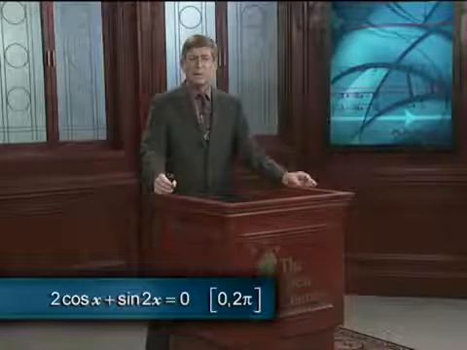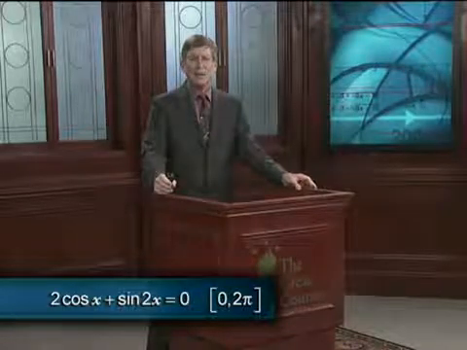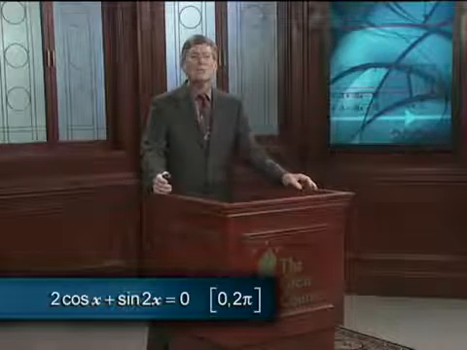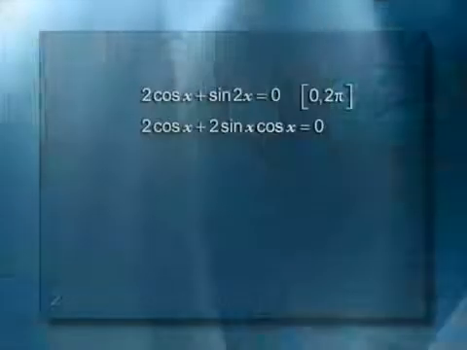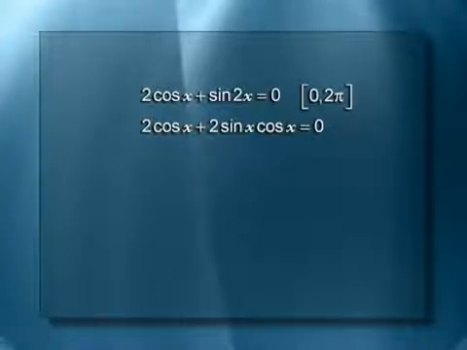And already we're going, well, wait a minute, I'm not sure how to untangle that sine 2x. But we have a formula for that, don't we? So we can write it as 2 cosine x plus 2 times sine x cosine x. The sine of 2x has a formula. It's equal to 2 sine x times cosine x. And that's all equal to 0.